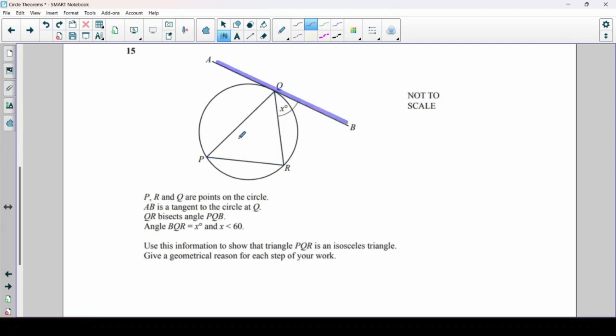Let's get rid of all of those lines. Let's write that down. So we could call that angle RPQ equals x because angles in the alternate segment are equal.